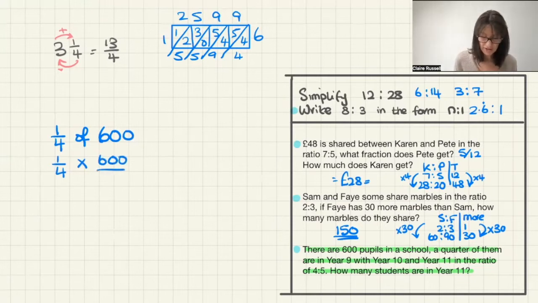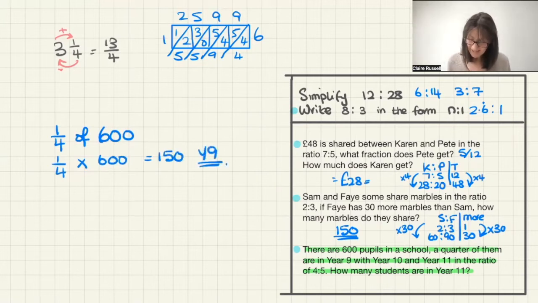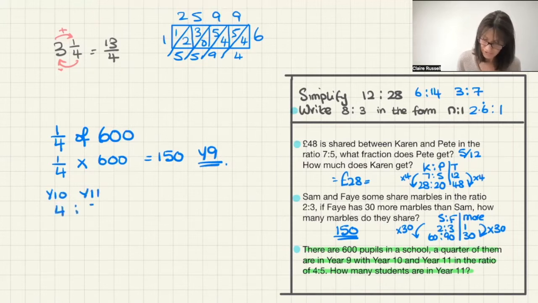You could stick it over 1 and use your multiply fractions rule. You could divide by the bottom, times by the top. As it's a quarter, you can just half it again. So 300, 150. So I know that 150 are in year 9. Year 10 and year 11 are in a ratio. So year 10 and year 11 are in a ratio of 4 to 5.